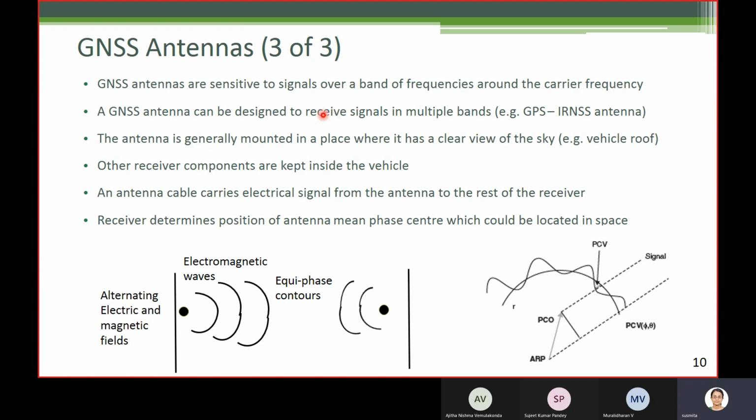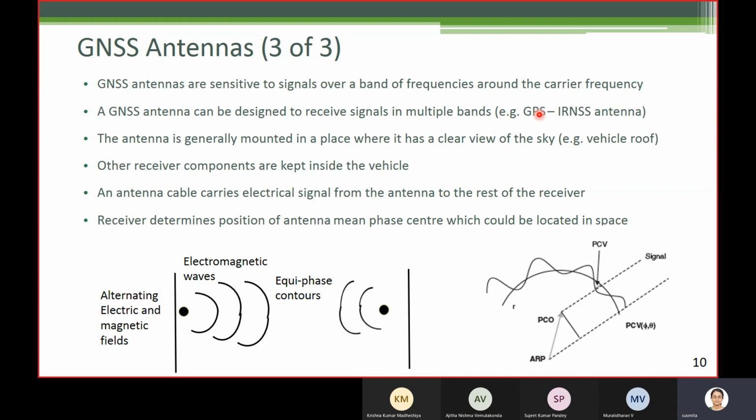Now an antenna can also be designed to receive signals in multiple bands. For example, you can have a GPS IRNSS antenna which can receive signals from both GPS and IRNSS satellites. GPS has different carrier frequencies: L1, L2, L5, 1575, 1227, 1176 MHz.